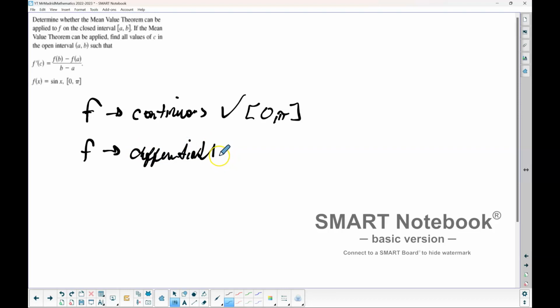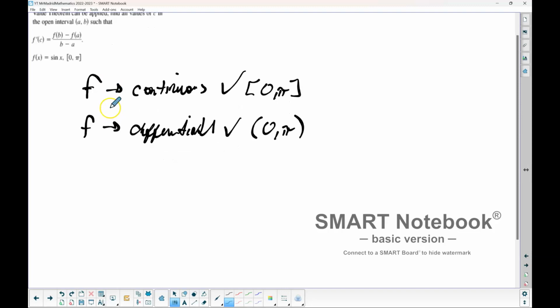Is it differentiable on the open interval? It is indeed. It is differentiable, of course, and most definitely on the open interval 0 to pi. So then what does the MVT tell us? It tells us that we definitely will have the slope of the secant line match the slope of the tangent line. And if you're thinking tangent, derivative, good. You've got to allow yourself to make those associations.